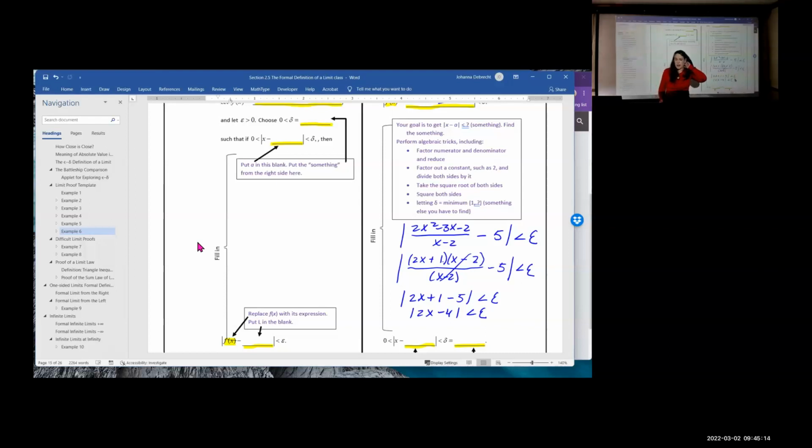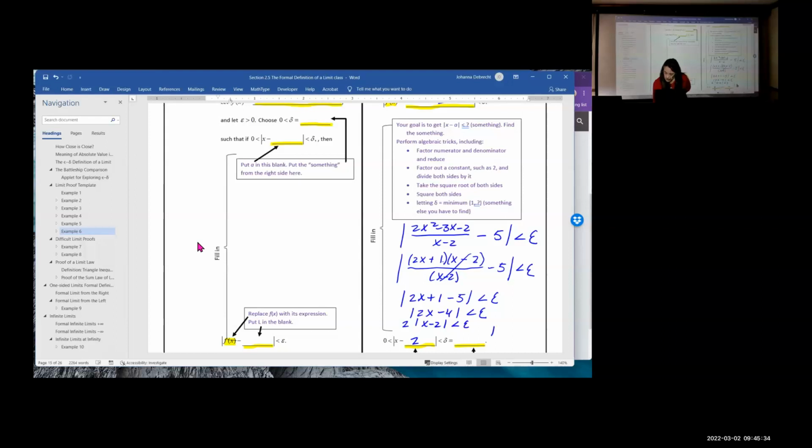And what should we do now? What are we trying? Divide those sides by 2. Yes, we need to factor that 2 off and get it out of there. So we have 2 times |x minus 2| less than epsilon.